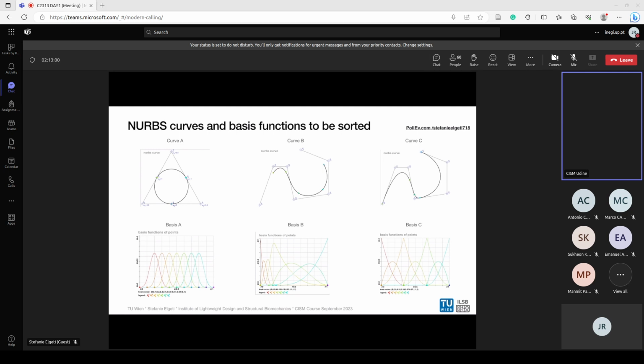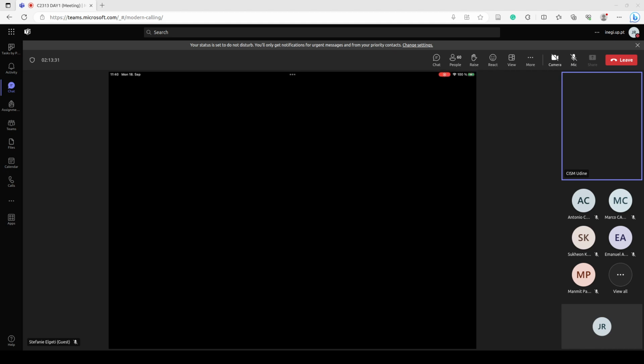So this in black is always the curve, and then in gray is the control polygon. And then we have 3 sets of basis functions. And basis function set A does not correspond to this curve, but it corresponds to some other curve. So the question is to sort basis functions and curves. Yeah, I can try to zoom in, maybe.